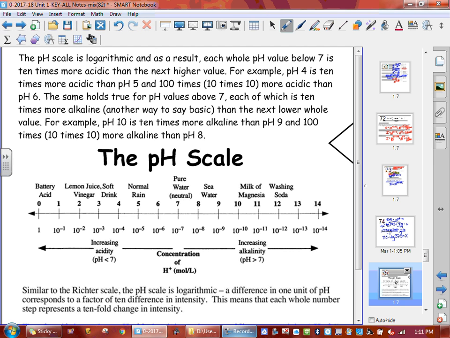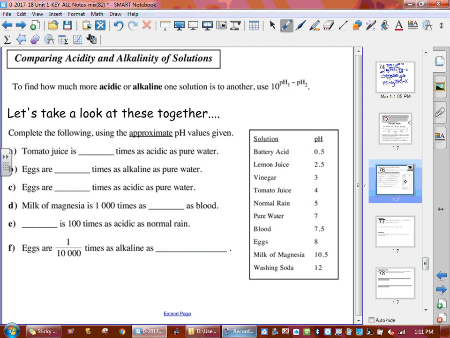Next, like we did with the other ones, we're going to take some examples of different pHs, and we're going to see how many times bigger they are. Now, just like the magnitude scale was on a base 10, this is also on a base 10. So every time you move to a new pH, it's 10 times either more acidic or 10 times more alkaline.